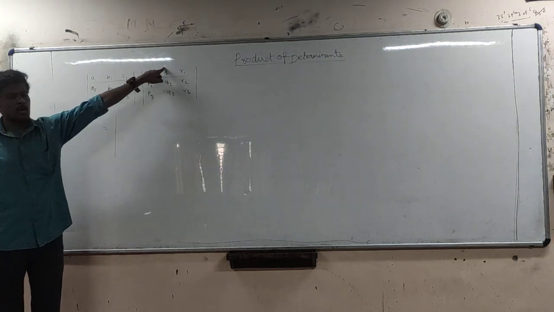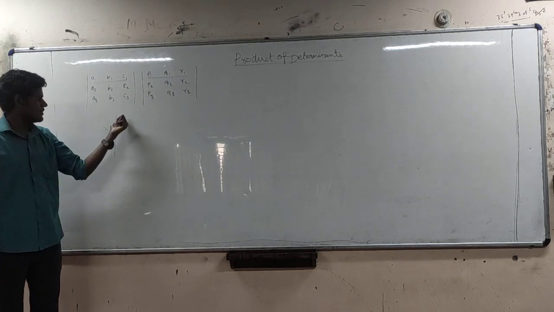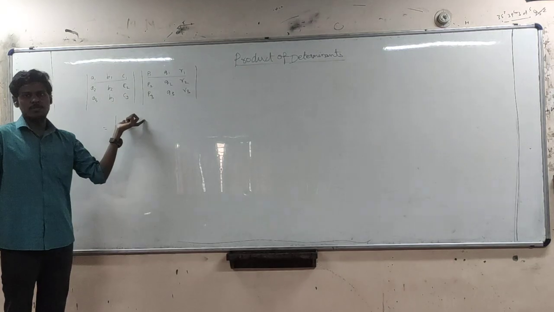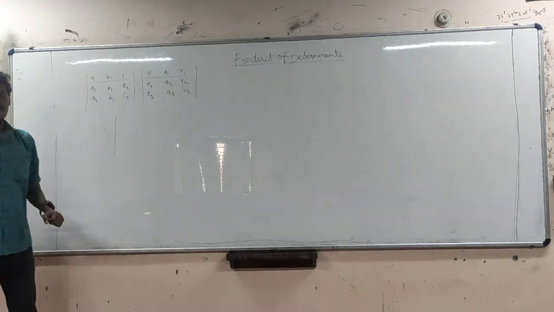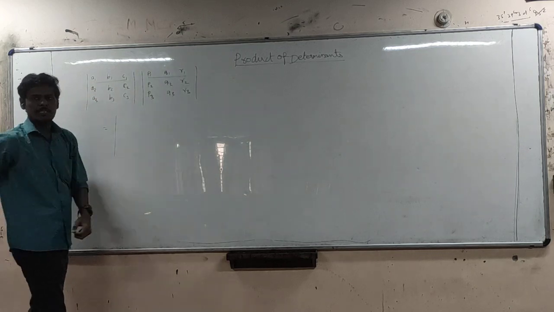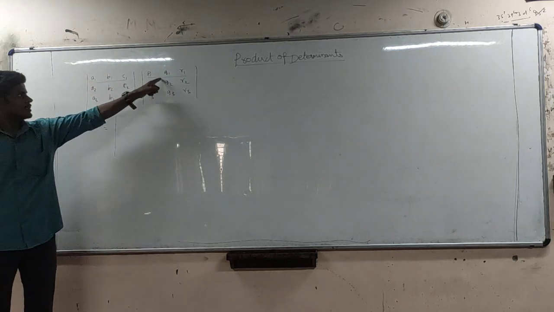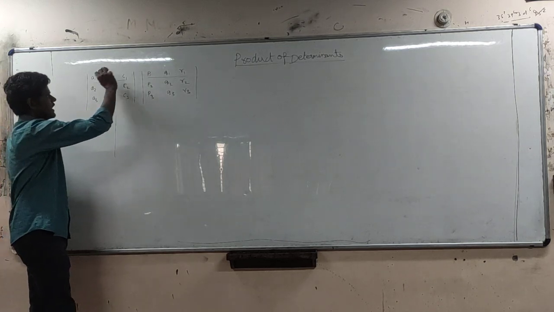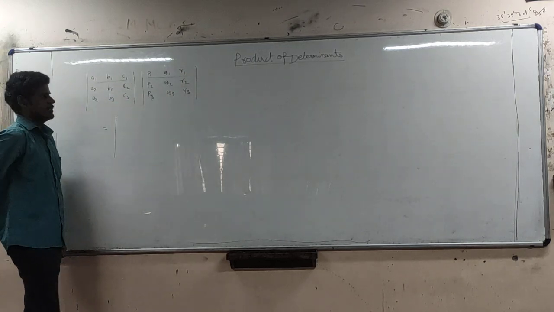So 1, 1. That will be the first element of this determinant, AB11. And how to multiply? Because here we have three different elements in each determinant, multiply the corresponding elements and add the values.